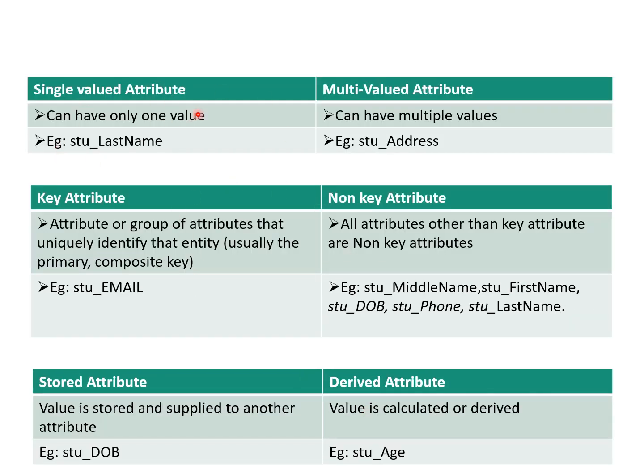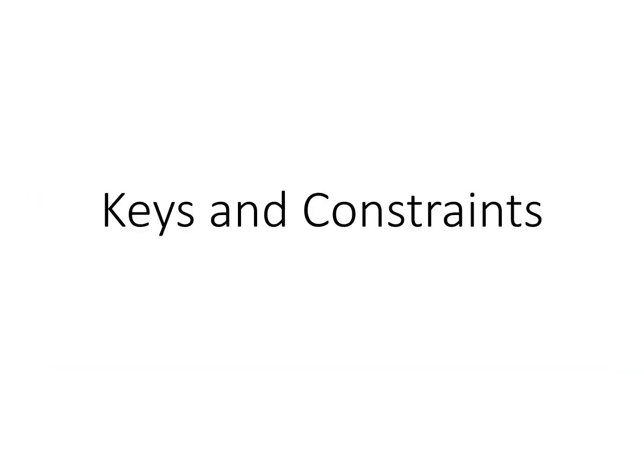A single valued attribute can contain only one value, and multi-valued attributes can contain multiple values. Key attributes cannot be repeated and should be unique. Non-key attributes can have repeated values. Stored attributes are actually supplied, I mean you cannot derive them from anything else. A derived attribute you can derive from some other attributes.